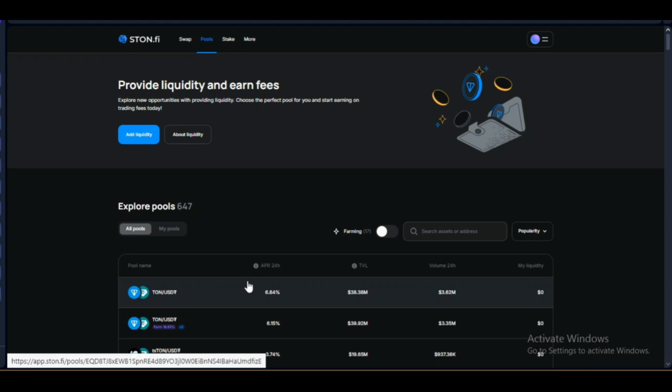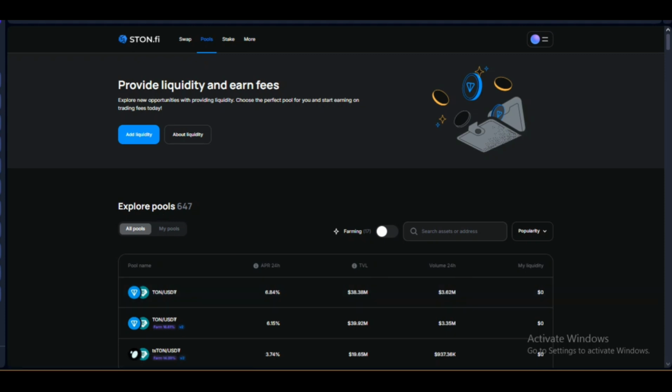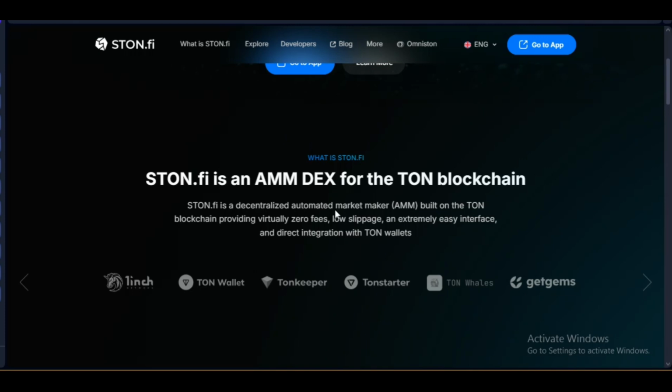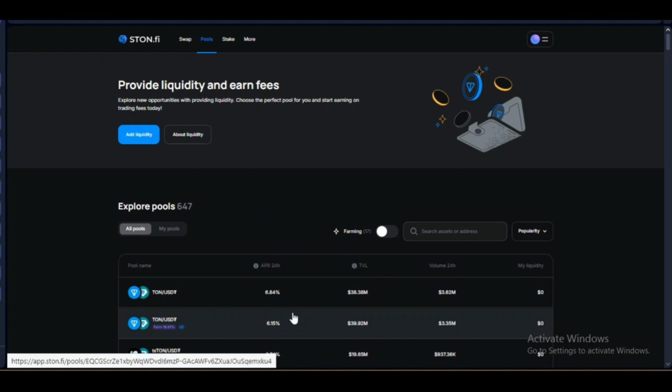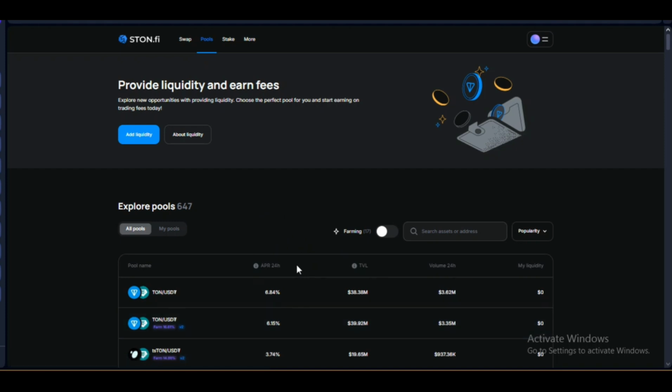Number one, you head to the Stonfi website. Once you get here, which is STON.fi, you click on go to app, and it brings you to this page. While you're on the app, you probably won't be connected, so you click there and connect your wallet.